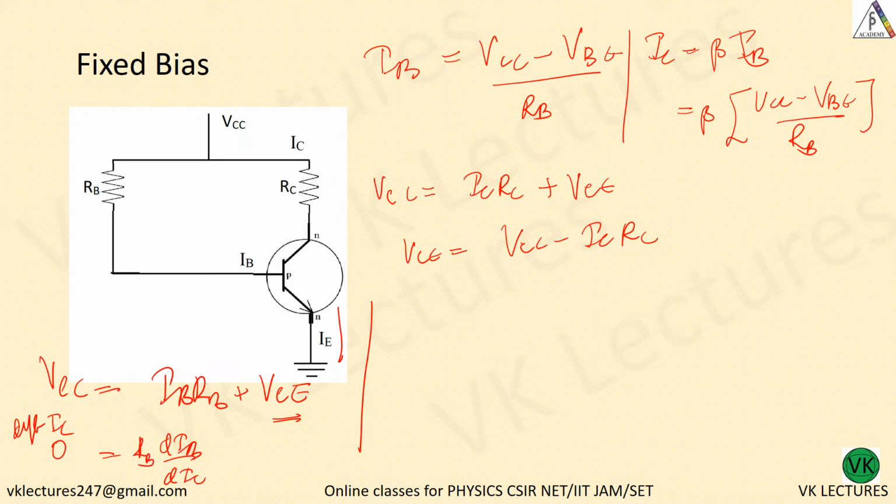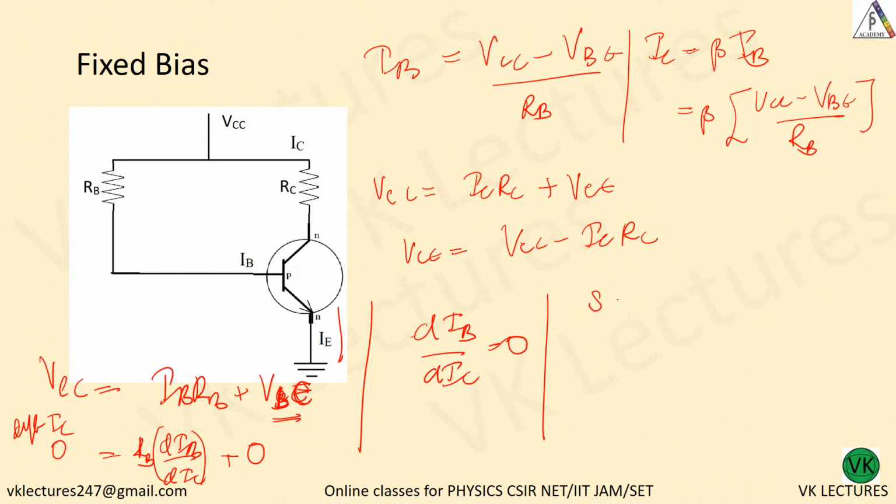RB is a constant, plus, sorry, this is not VC, this is VB. IBRB plus VB. Okay, that quantity is 0. Now you can write this, what is dIB by dIC plus 0. This means dIB by dIC is equal to 0. So you got this one.